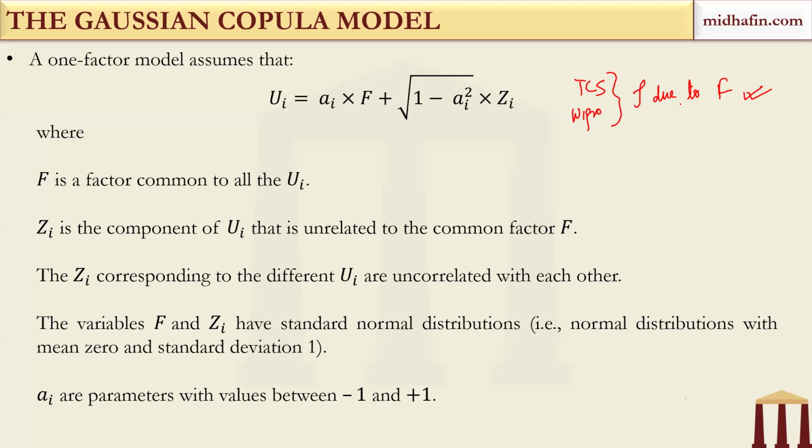So it is not only about a common factor F, right? In the sector wise also they are correlated, right? So there will be some idiosyncratic risks which also will be common to TCS as well as Wipro. So rho due to the ZIs will also be there in this case. So this is an exception.